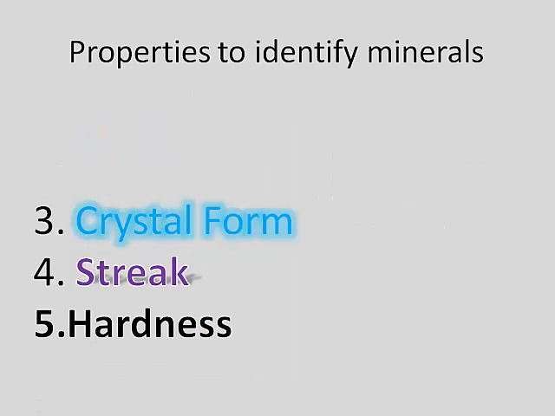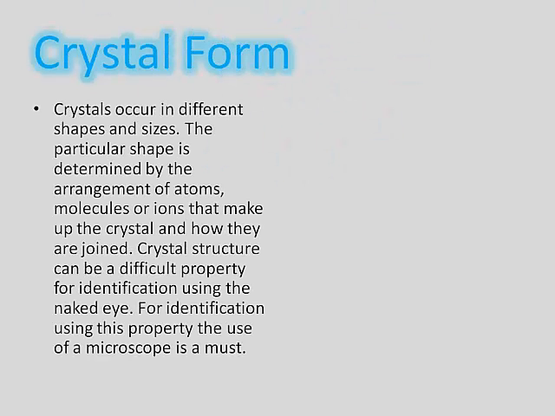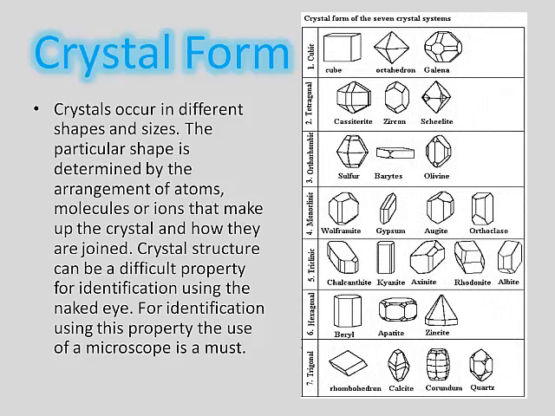Now it is time to take a look at the identification property of crystal form. This identification property is one of the most unique. Although identifying a mineral by crystal form can be difficult via the naked eye, the use of a microscope can reveal beautiful imagery of the underlying crystal form of a mineral.